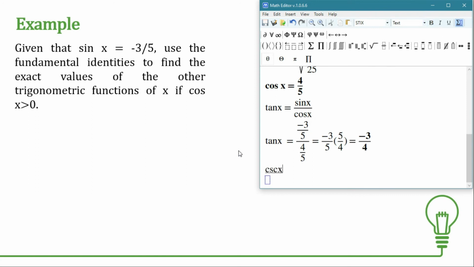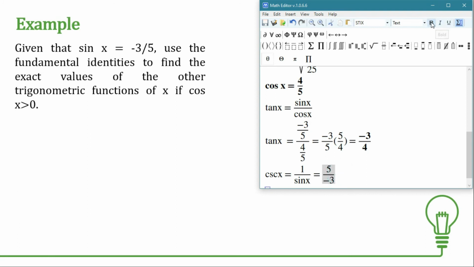So, cosecant of x is actually equivalent to 1 over sine x. Alright, and if we're going to do that, cosecant x would be equivalent to the reciprocal of sine x, and that is 5 over negative 3. So, that would be the value of cosecant x. Okay?